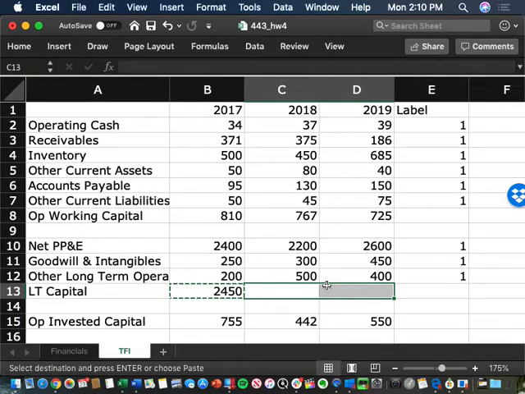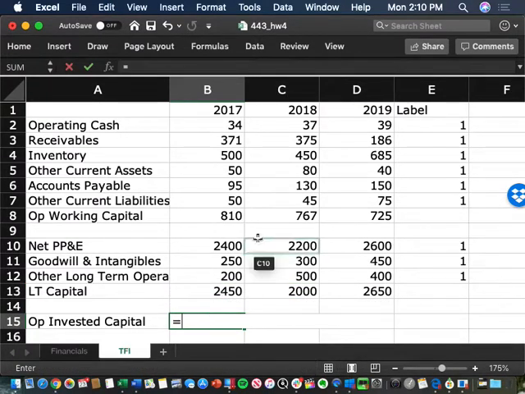And then when we add the two together, we get operating invested capital.